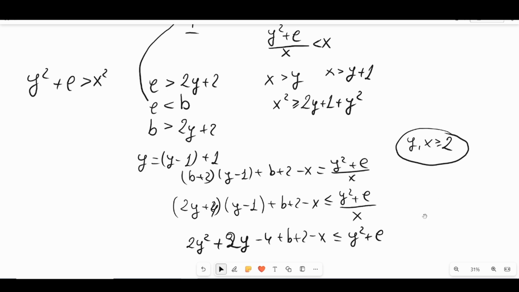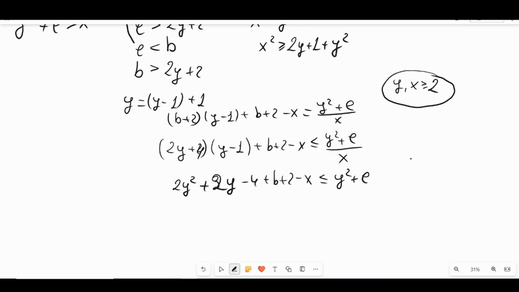Now if we multiply everything by x, we get 2 times y squared x plus 2 times yx plus bx minus x squared minus 2 times x must be less or equal to y squared plus e.